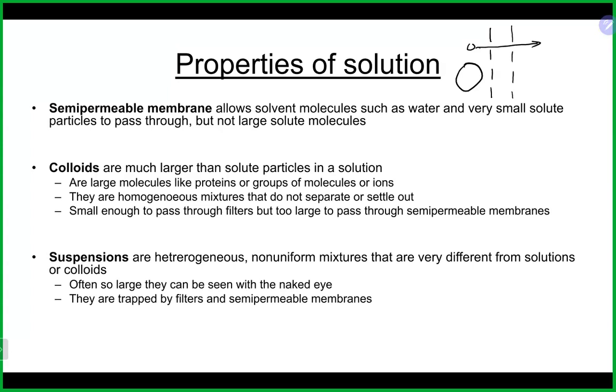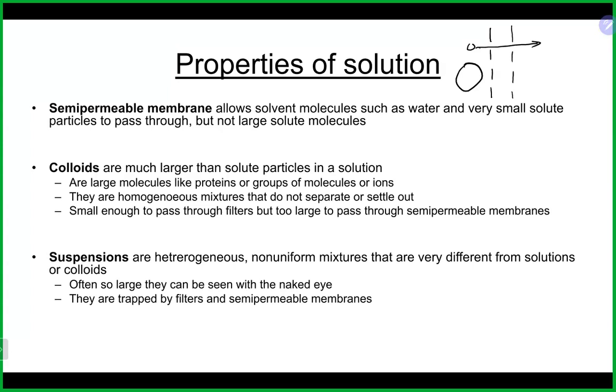They are small enough to pass through filters, like filter paper, but they're too large to pass through a membrane. So colloids will pass through filter paper if you use a funnel to filter them, but they're too big to pass through those semipermeable membranes.